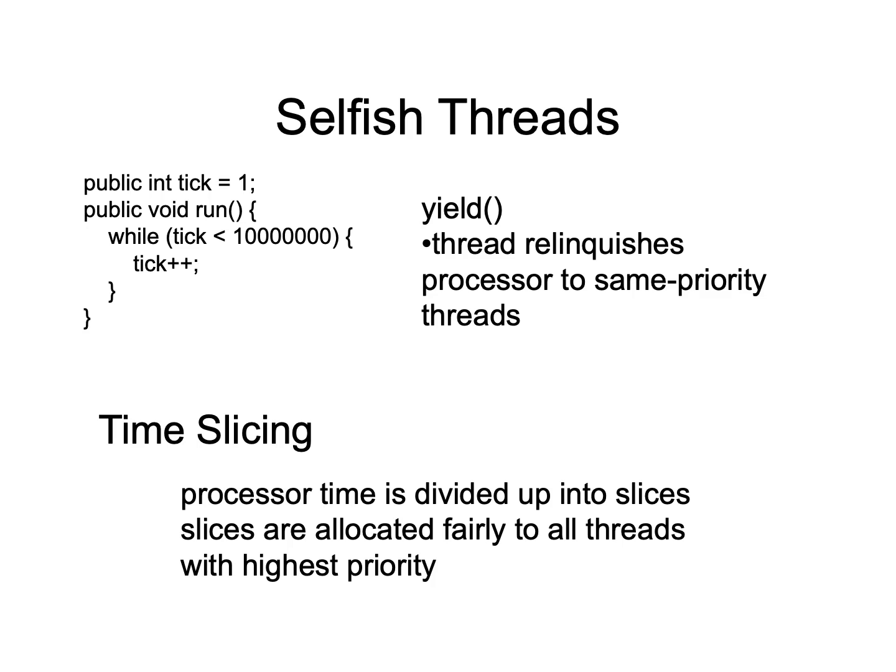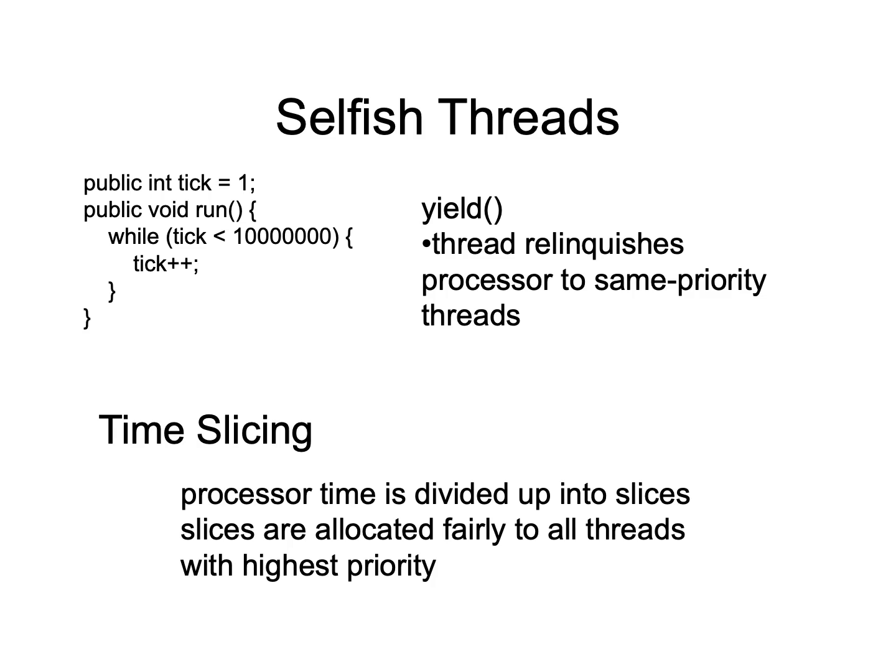And then it makes it easier for the scheduler to slice the time up and all the threads get some resources. I keep saying time slicing, I haven't really defined that. The processor time is divided up into slices, which are then allocated to all the threads with the highest priority. So if there are 2 seconds of processor time and there were 3 threads that all had the same priority, it would just divide that up evenly.